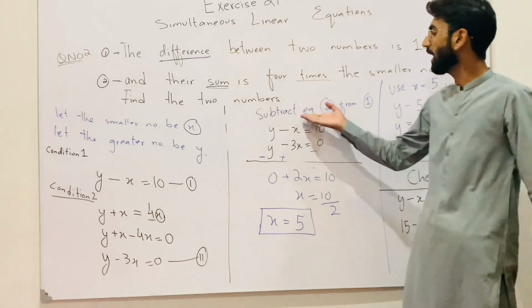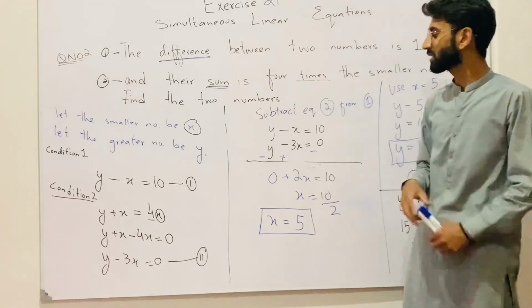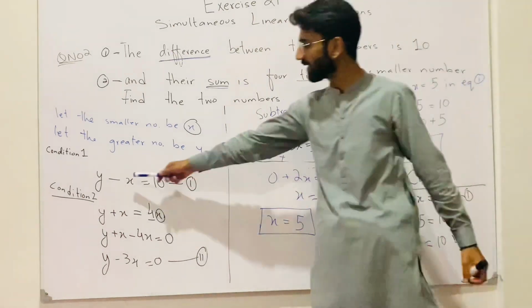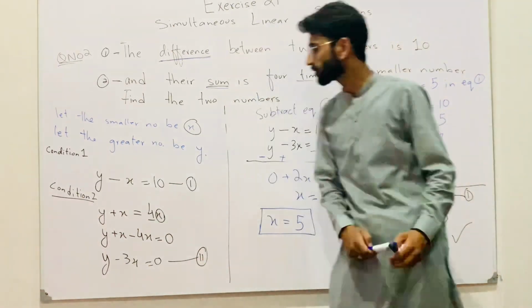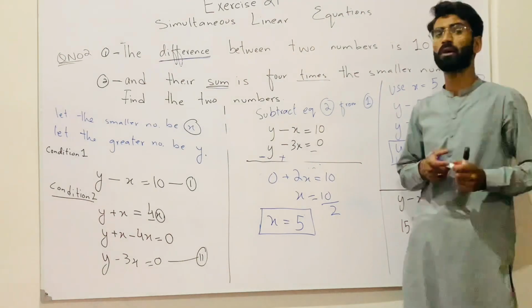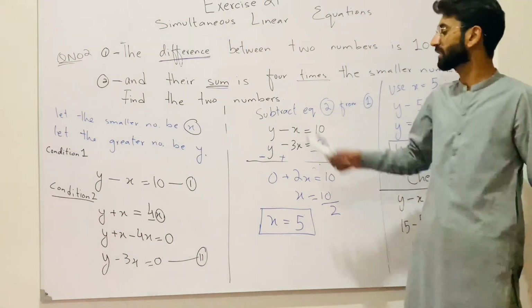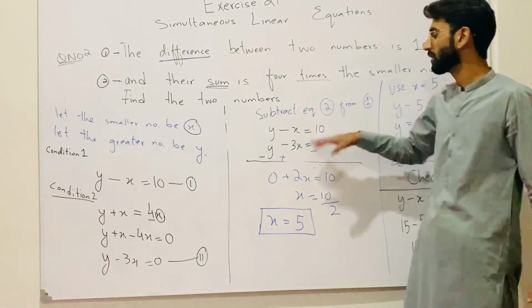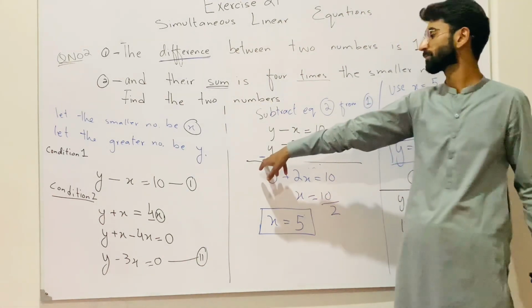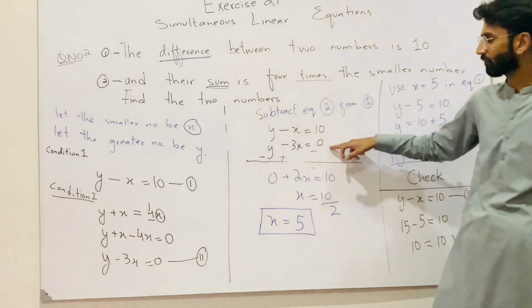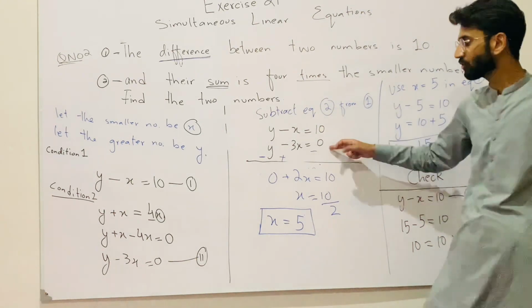First of all, I have used subtraction. Why subtraction? Because both the y's have a positive sign, and to cancel them out I needed one y to be minus. That's why I subtracted equation number 2 from 1. When subtracting, we need to change the signs.